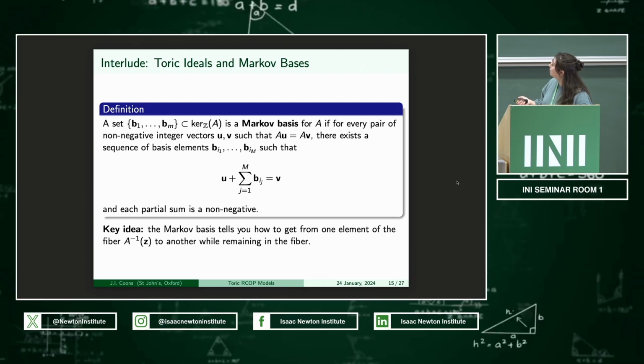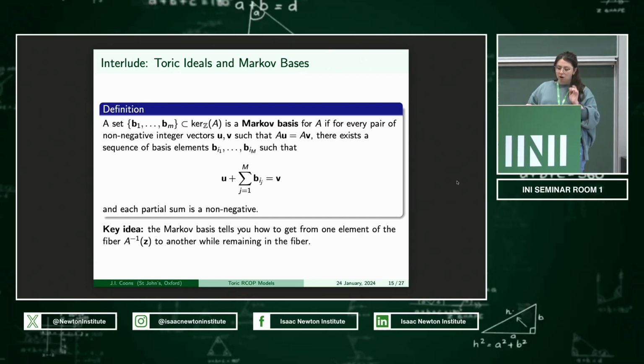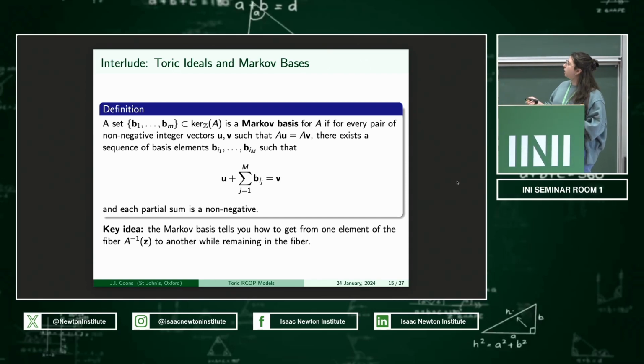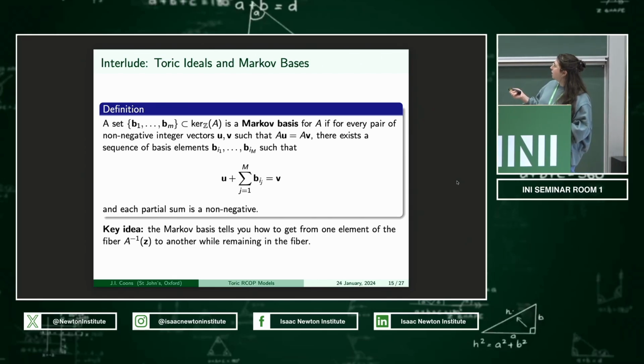So there's another notion that you can define of a Markov basis of an integer matrix. This is a subset of the integer kernel of your matrix. And it's called a Markov basis if whenever I have two non-negative integer vectors whose product with A is the same, basically what I want to be able to do is use elements of this Markov basis to go from u to v in a way that remains positive throughout.